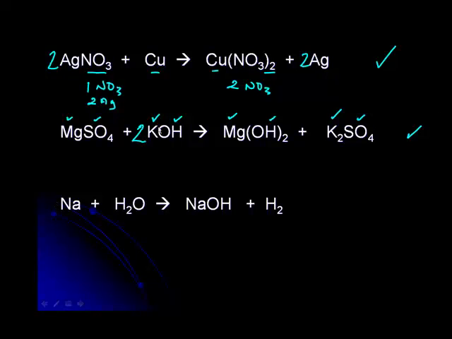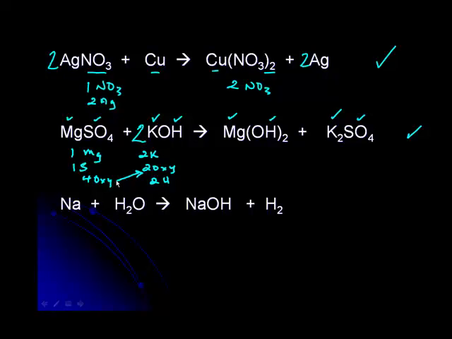Now, you could do it atom by atom. On the left, I've got one Mg, I have one sulfur, and I've got 4 oxygens there. Here now I've got 2 Ks, 2 oxygens, and 2 hydrogens.